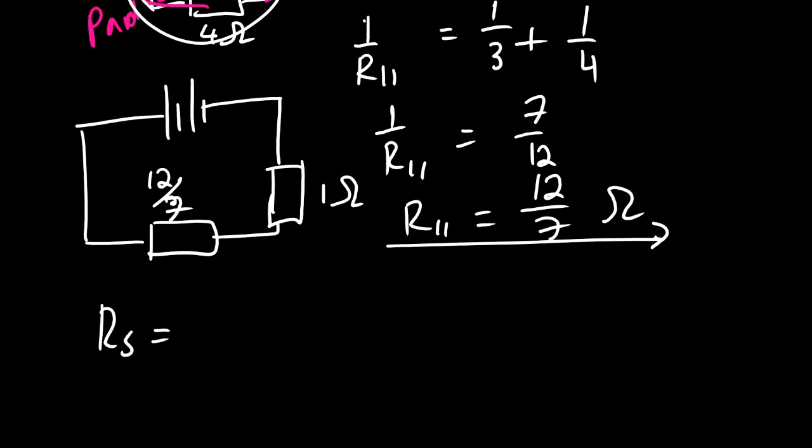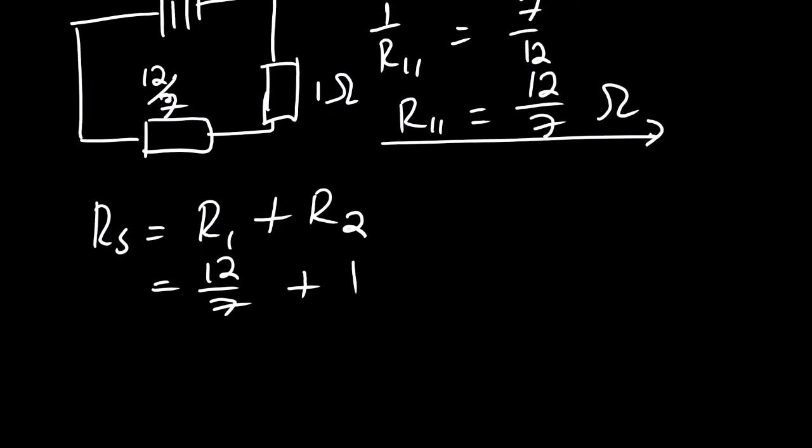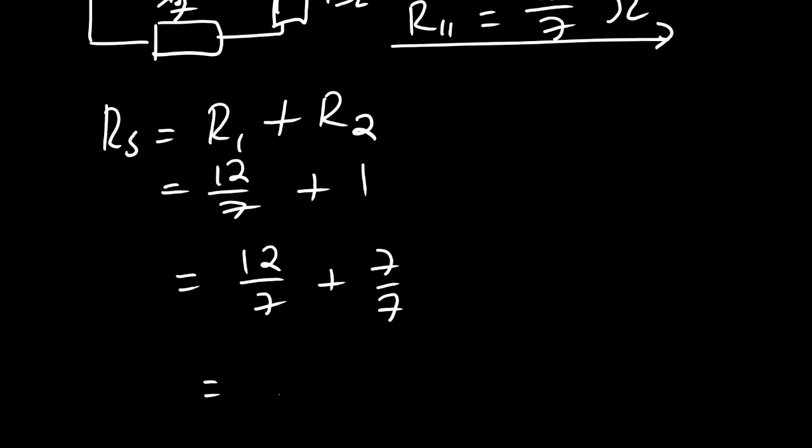Now we can use the series connection, R1 plus R2, 12 over 7 plus 1. This will be the same as 7 over 7, so we take 1 denominator, and then 7 plus 12, it's 19, so it's 19 ohms.